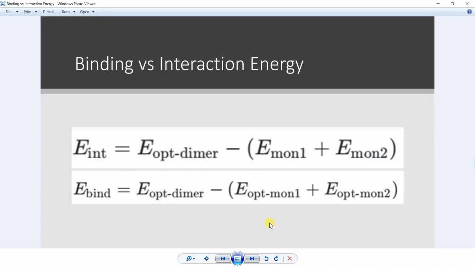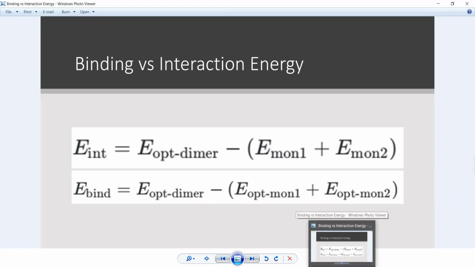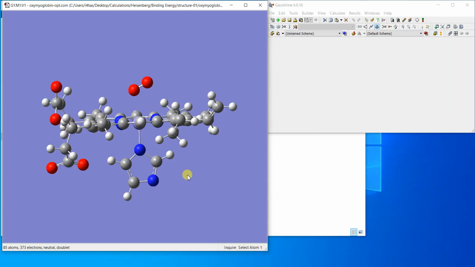So what is the basic difference? In binding energy we take the energy of the optimized dimer in which both the fragments are together, and then we also calculate the energies of the individual monomers. But in binding energy we also optimize the monomers.